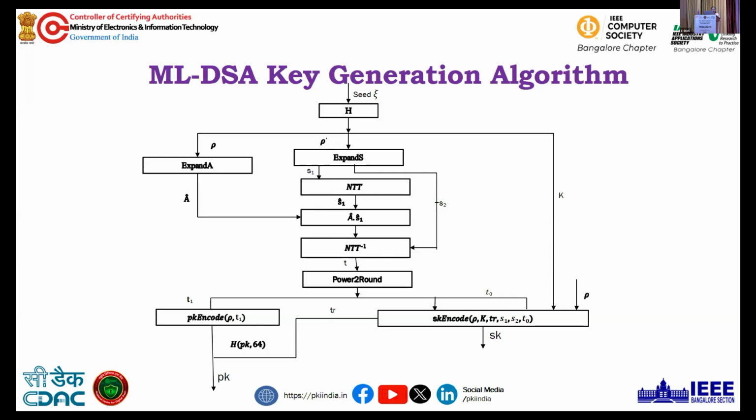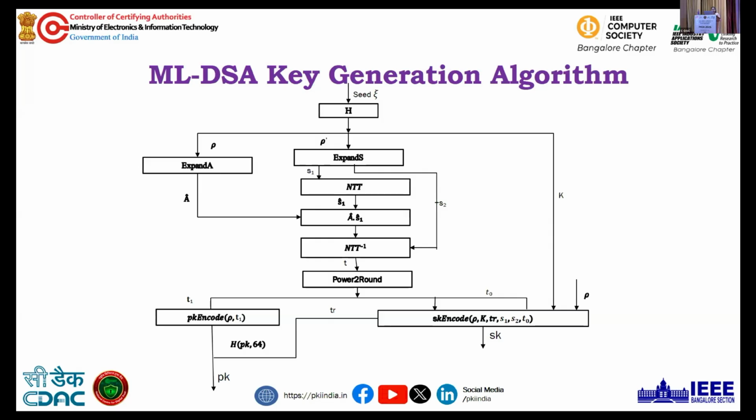T1 is used for public key generation, that is PK, and the 64-byte hash of PK, TR, is generated, which is used for the private key. The private key is encoded using rho, K, TR, and the secret vectors S1, S2, and T0.